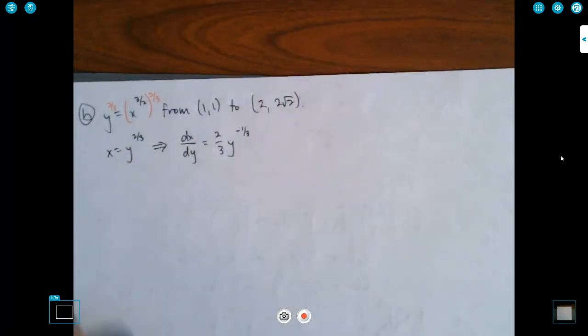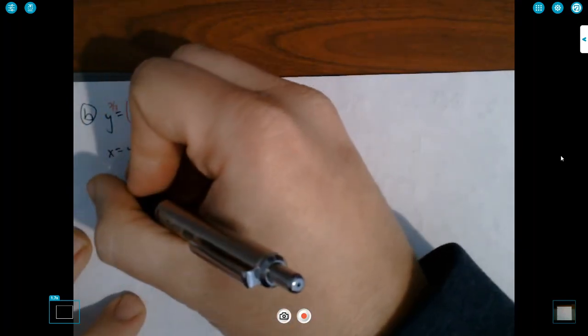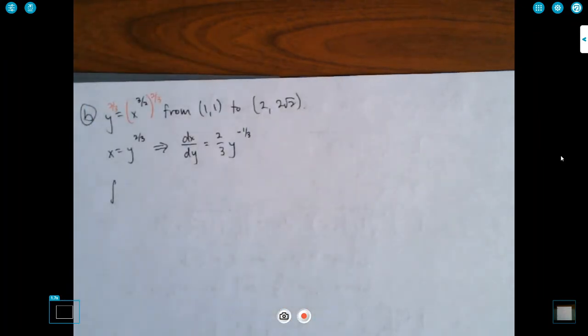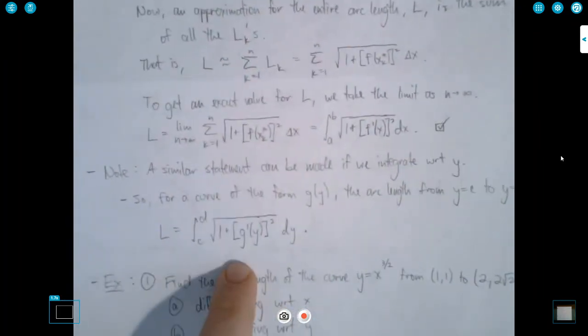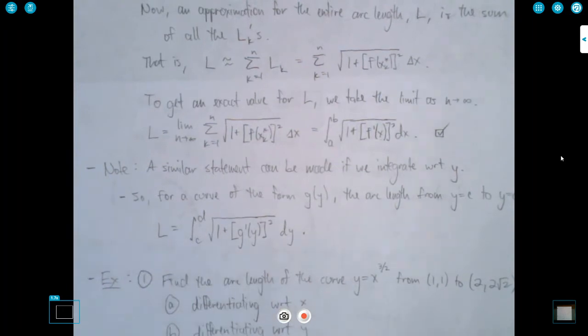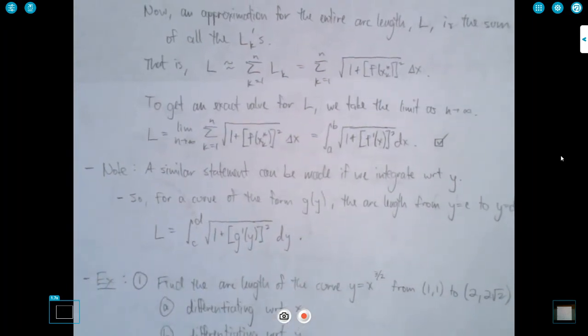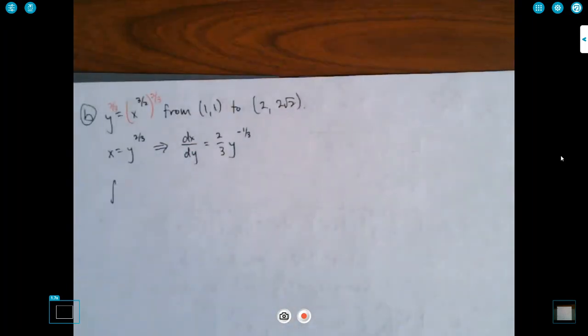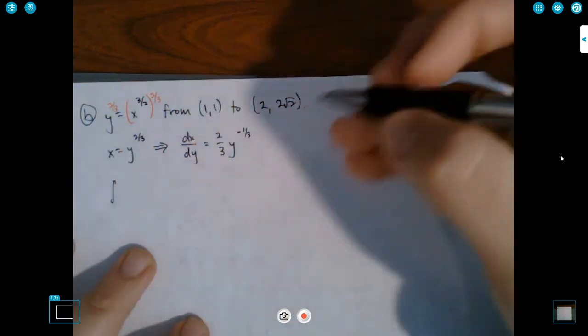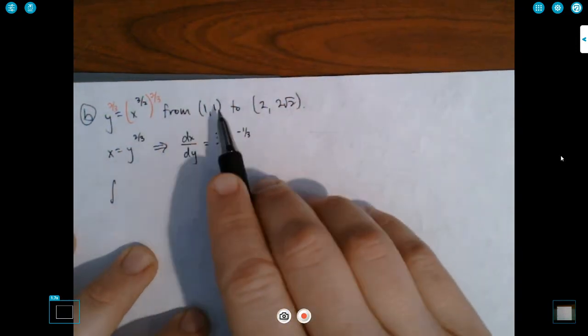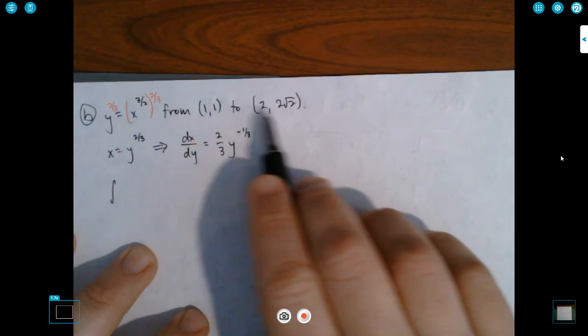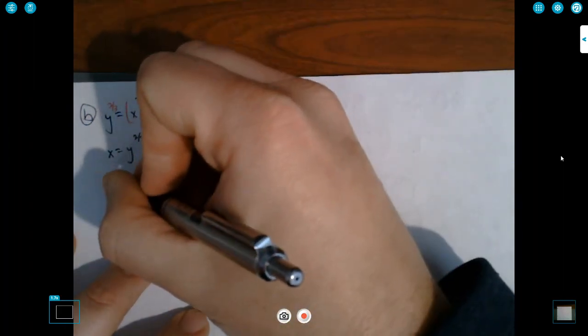So I think I'm ready to plug stuff into my formula. So the formula I'm going to use this time is for when you're integrating with respect to y. It's the same thing, right? Same formula. It's just you're integrating with respect to y. So this is going to be the integral from, now I have to use the y coordinates because I'm integrating with respect to y, so I'm going to go from 1 to 2 root 2.